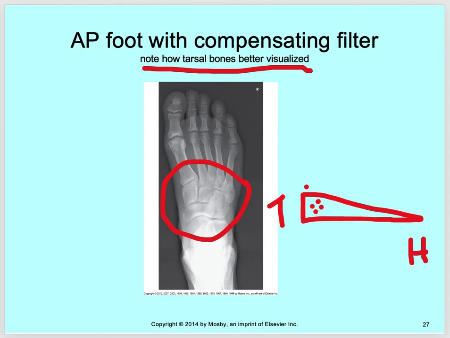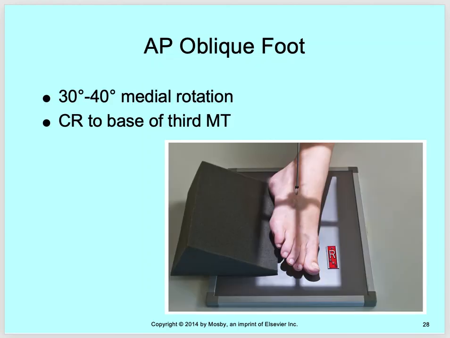So your thinner part, your toes go here, and your heel goes here, and then your central ray down. So then you get equal penetration through that entire foot. So you get really good toes, really good metatarsals, tarsals, and the joint spaces because of the penetration and the compensating filter that's been used.